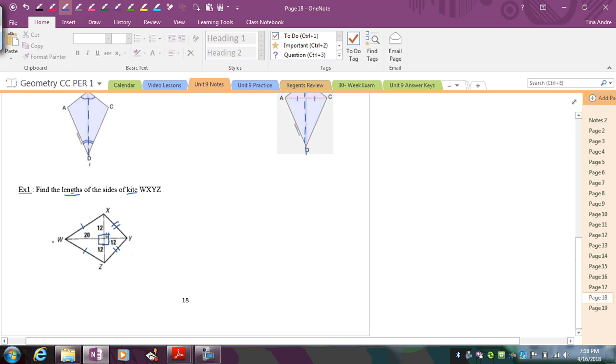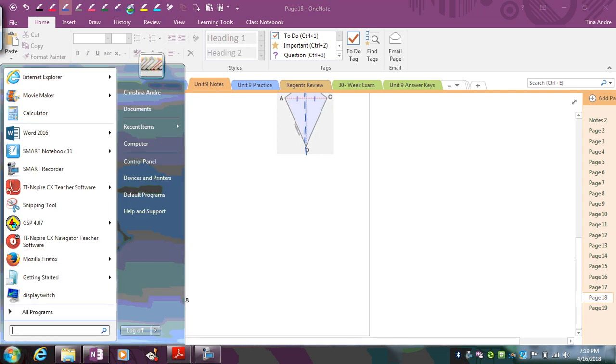And again, looking at that line of symmetry, this line of symmetry is dividing this into two congruent triangles, which means the 12 and the 12 will always be the case here because that's the diagonal that's getting bisected. The picture already shows it, but I'm just reminding you of the properties. Right away, I see several right triangles.